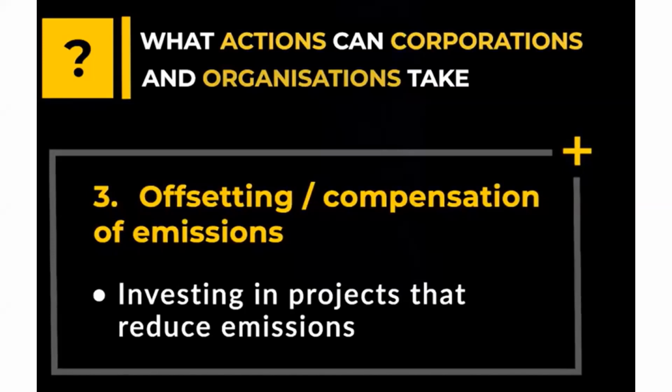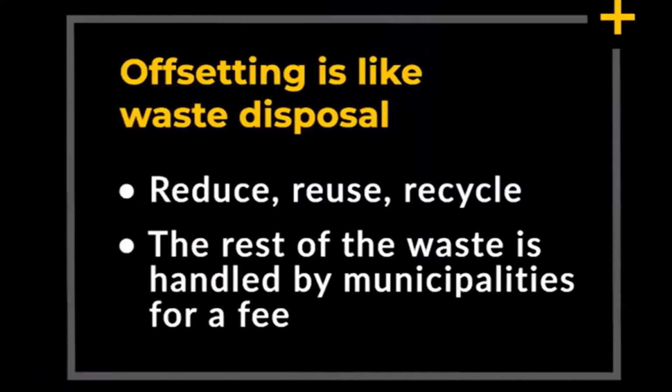Now, let me explain what this word means, offsetting or compensation. I'm sure you know what the word compensate means. So when we say offsetting emissions, let's think of offsetting like waste disposal. Let me use this illustration. When you buy something, there are certain things that you can reuse, there are certain things that you can reduce to avoid wasting, right?